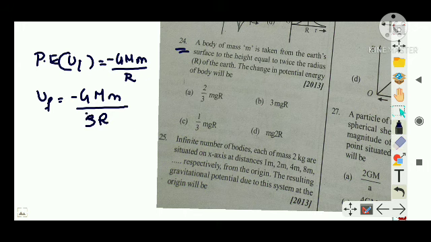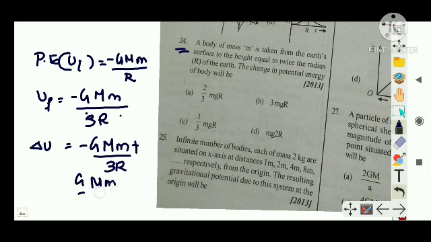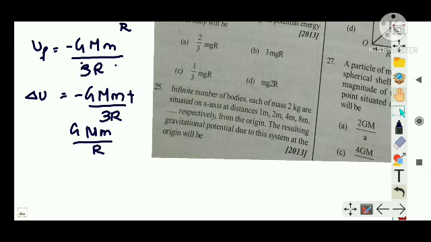Now the change in potential energy, delta U, is final minus initial, which is minus GMm by 3r, and minus of minus becomes plus GMm by r. So you will get 2 by 3 GMm by r. But the answer is not in terms of capital G but in terms of small g.